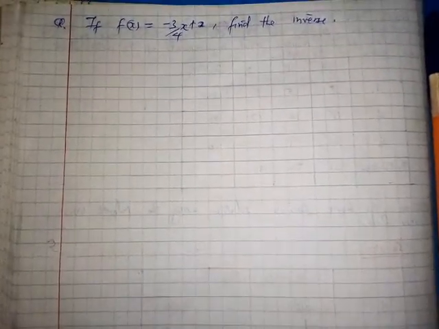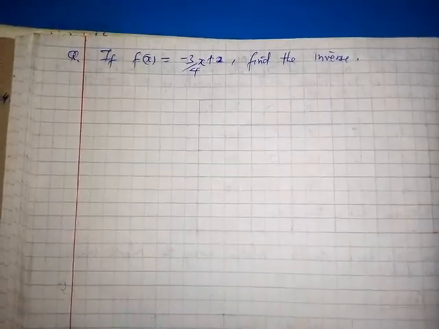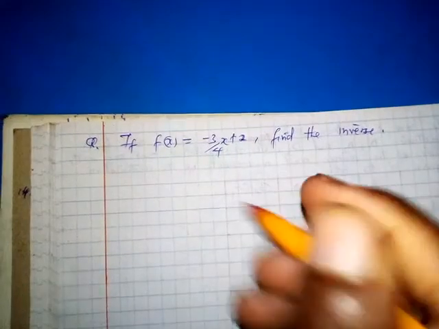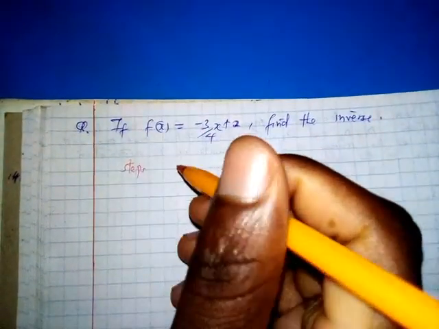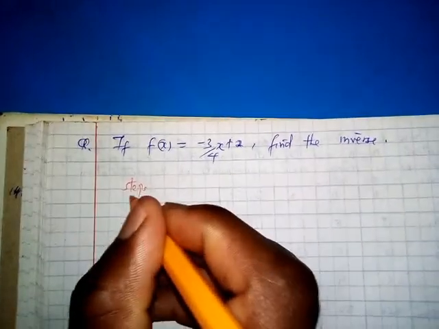After that we solve for y, then we change y back to f inverse of x. Or I can write the steps here. Steps to find the inverse function.